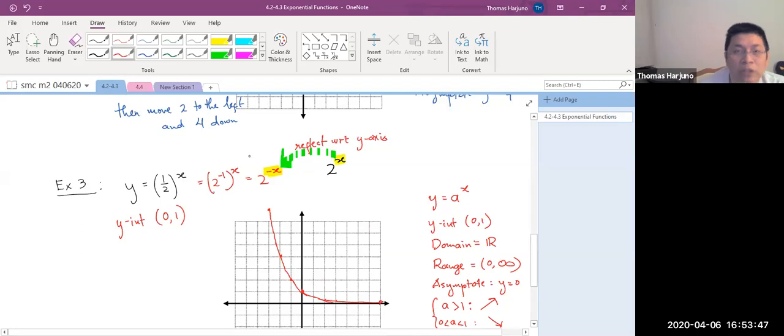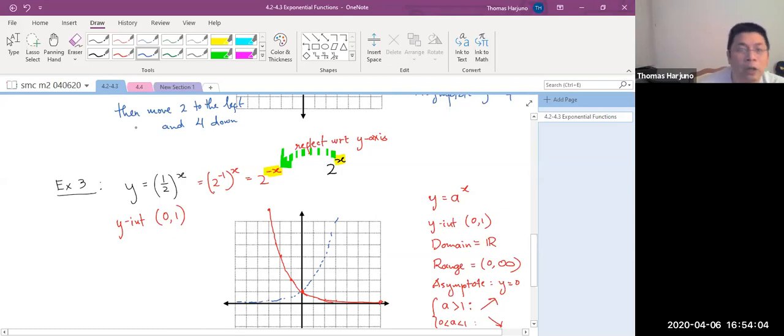Okay, so originally it's supposed to look like this. This is 2 to the x if I draw it here. This is what 2 to the x looks like. Right? Now imagine if you reflect that with respect to the y-axis, then you get this 1/2 to the x.